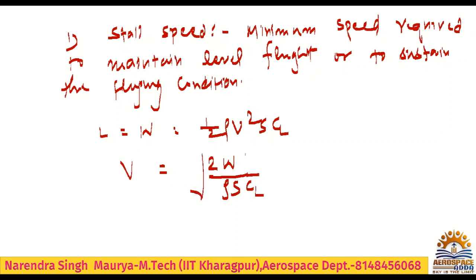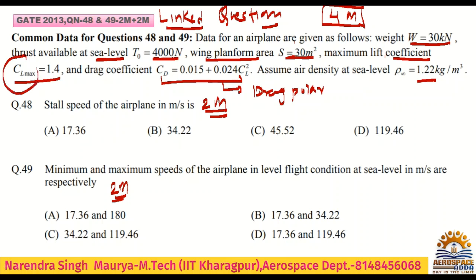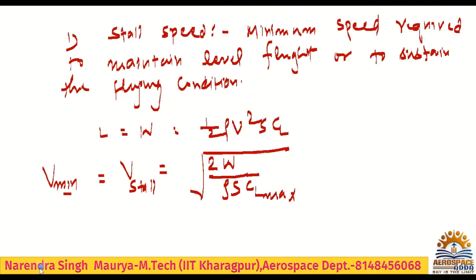Check, it should be in root. Because I need to calculate stall speed, this stall speed should be minimum. Weight is constant, density is constant, S is constant, so this CL should be maximum. For that reason they have given CL max. Whenever they give CL max, it means they ask you to calculate minimum velocity, or stall speed.